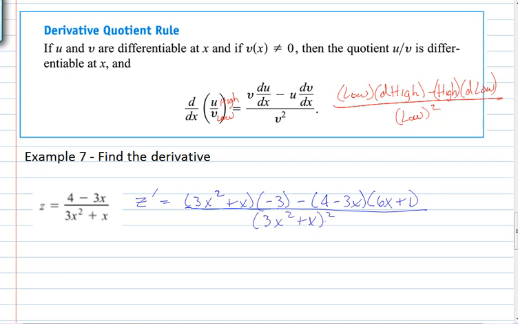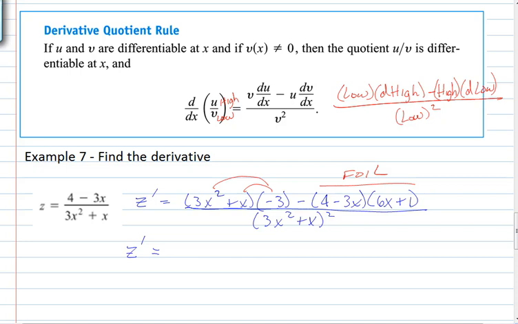And yes, you do want to clean this up because of what's coming. You need to practice cleaning up your algebra. So let's continue simplifying this. So this means I need to distribute this negative 3 here, and I need to FOIL this out and then distribute that negative.